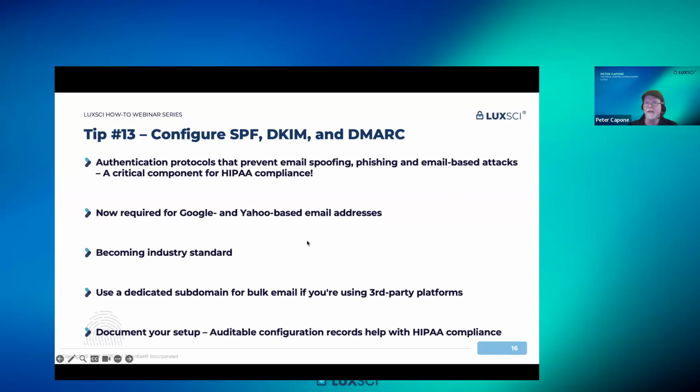So nowadays, if you want to send an email and guarantee it's going to arrive, outside of it getting caught by a spam filter for content, you need to make sure that your SPF, DKIM, and DMARC are set up properly. It has now become the industry standard. As I mentioned, it's required for Google and Yahoo-based email addresses if you want to get a hold of them at all.